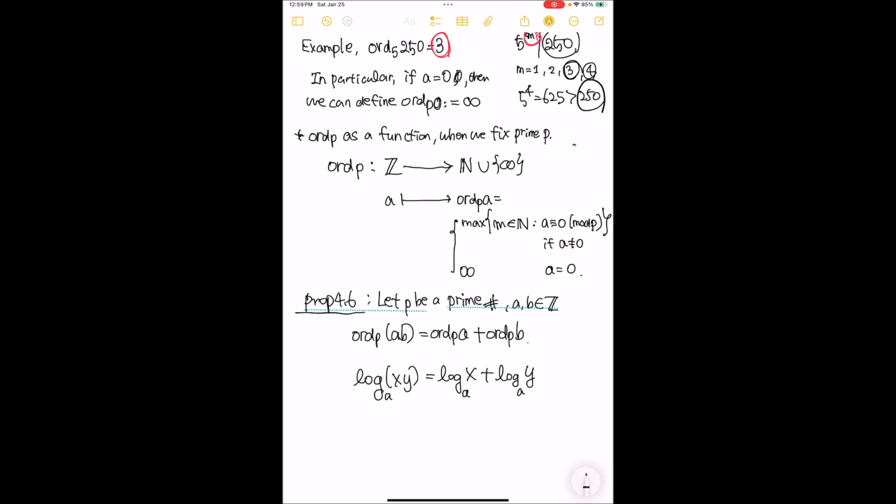In this case, the ordinal at p is very similar to a log.